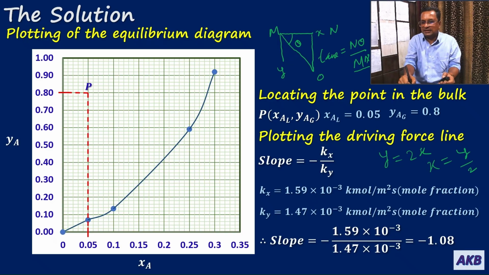The relation is, this is x. So if you are traveling 1 unit in the horizontal direction, you will have to travel half of the slope.